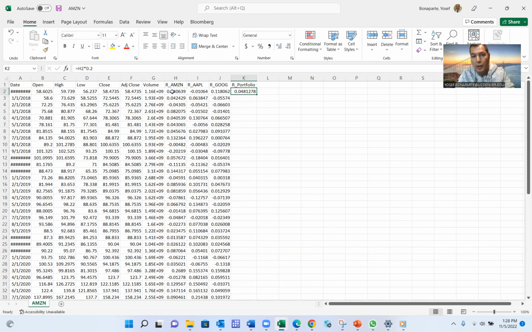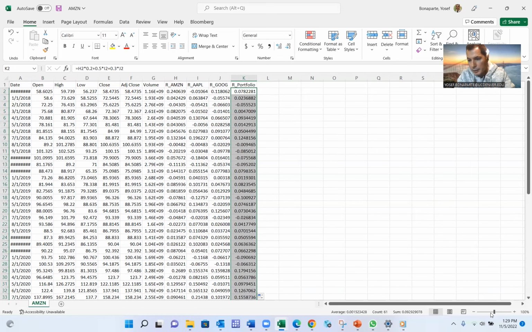You have to see in your portfolio how much Amazon, how much Apple: 0.5 multiplied by Apple, plus 0.3. You have to calculate manually the weight of your portfolio for every stock. 0.3 times Google, and that's your portfolio return.